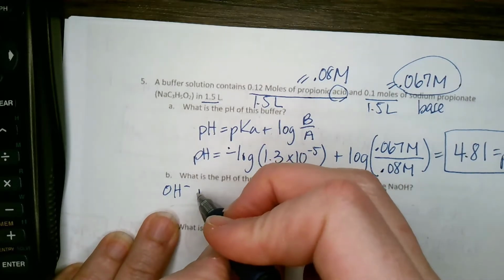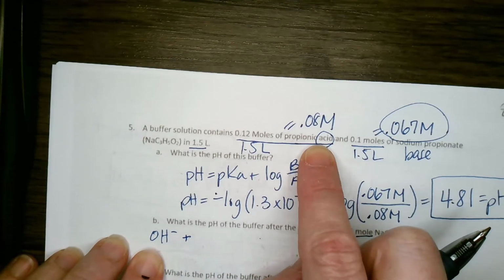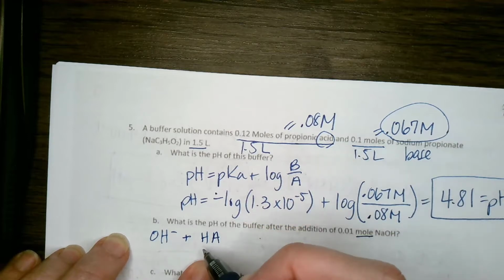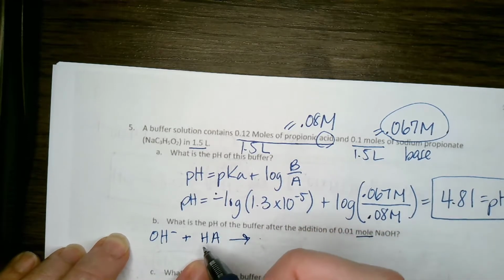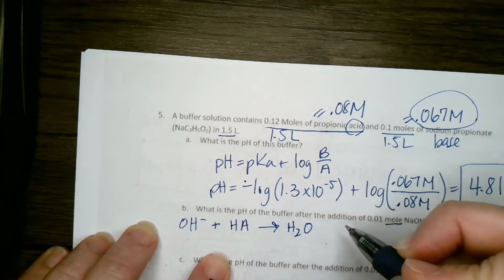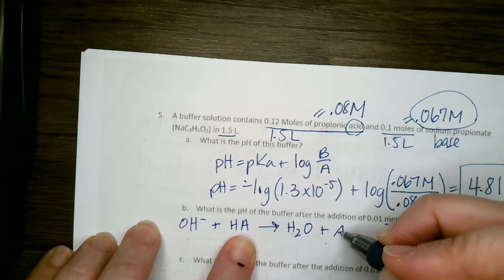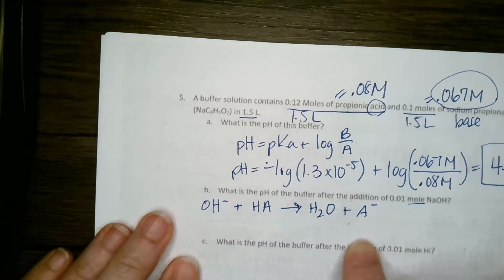So we have base, and it's going to be reacting with our acid, our propionic acid. I'm just going to say HA for our acid. And we know that our acid is going to be a proton donor. We're going to have water, and what's going to be left over? Our conjugate base.